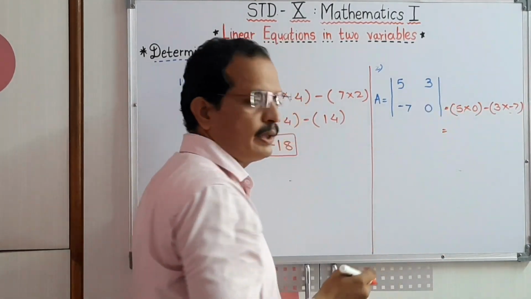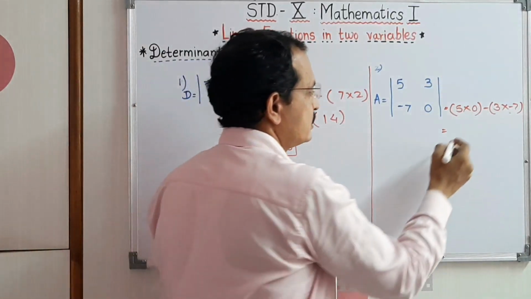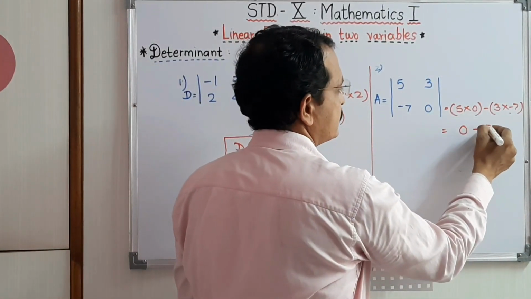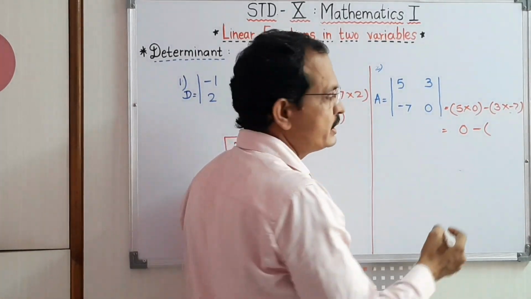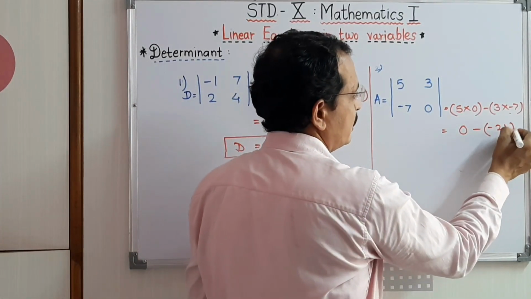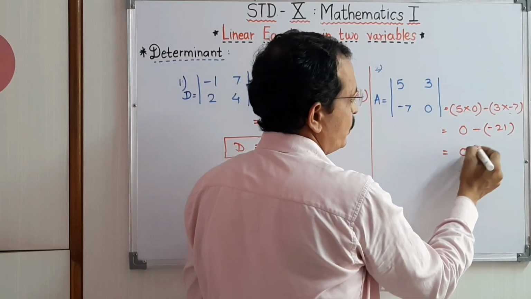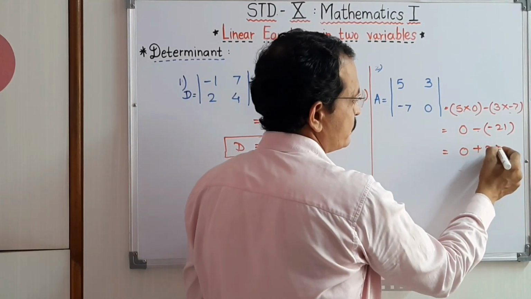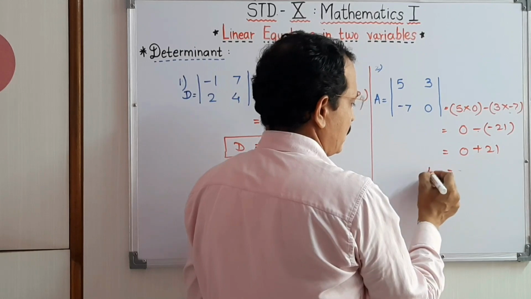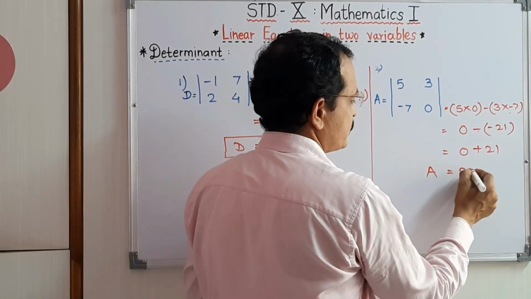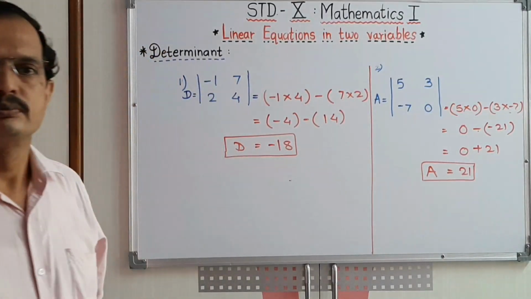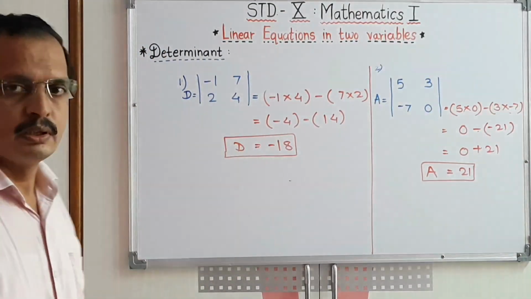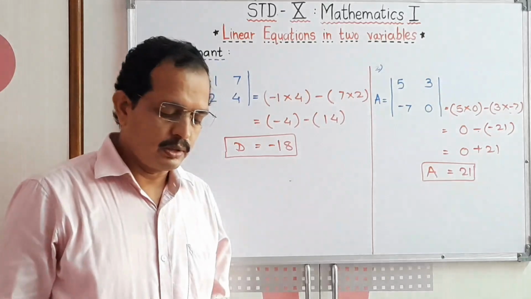Now all of you know that 5 into 0 is 0, minus, do the multiplication of 3 into minus 7, it is minus 21. Therefore 0, this minus minus becomes plus 21. Therefore the value of this determinant A is 21. You can take this out and you can understand.